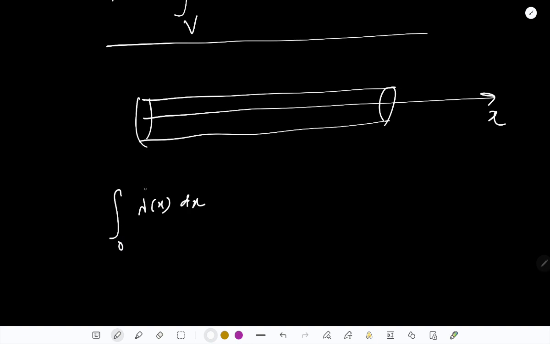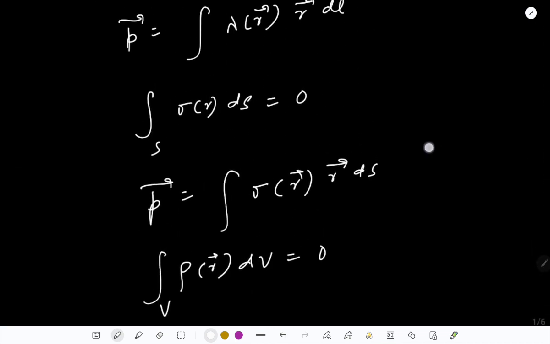To find the total charge of the rod, we need to set up the integration from 0 to L, because the origin of the x-axis is at one of its ends, and the charge distribution was simply lambda x, with 3x squared minus L squared. You can see it here again.